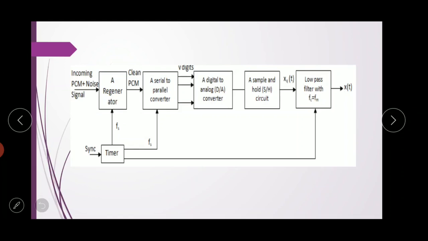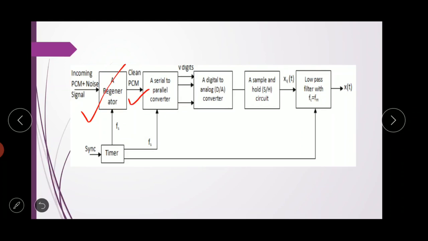The first block of this PCM receiver is a regenerator, that is, the regenerative repeater. As we know the function of the repeater, it gives the noise-free clean PCM signal. So at the output we get the clean PCM.